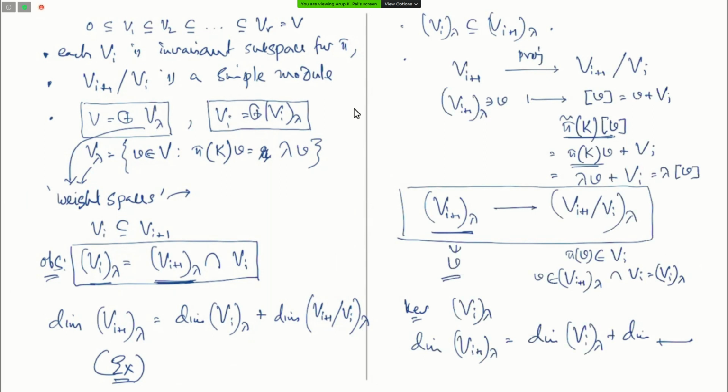It depends on lambda. At some weights it may be 0 dimensional, but it can be at most 1. So there you have to give a little bit of argument, but that will tell you that this has to be onto.